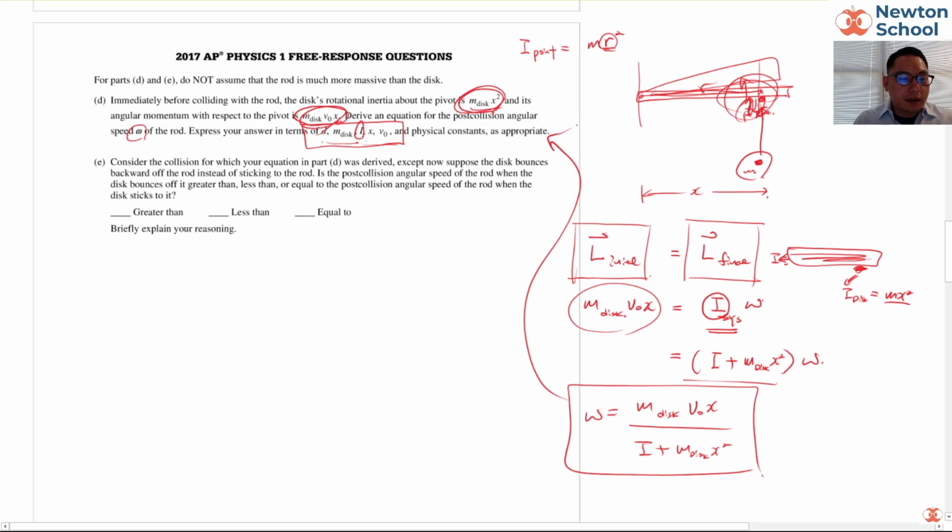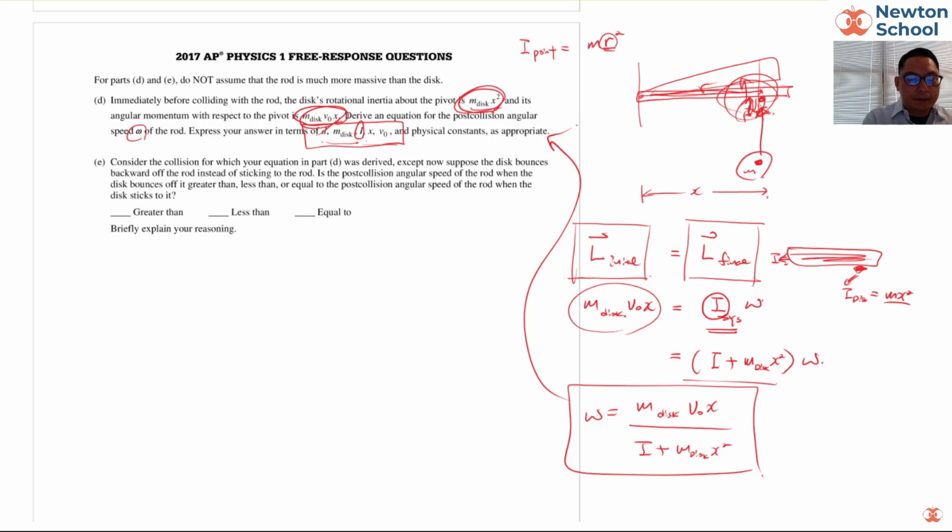Part E, consider the collision for which your equation in part D was derived, except now suppose the disk bounces backward off the rod instead of sticking to the rod. Is the post-collision angular speed of the rod greater, less, or equal?